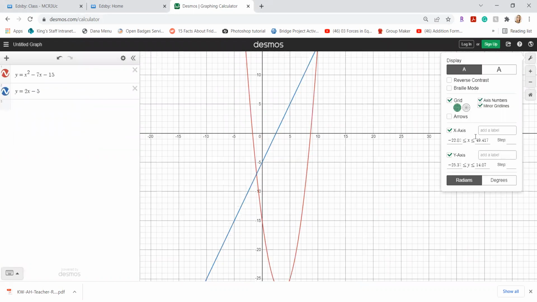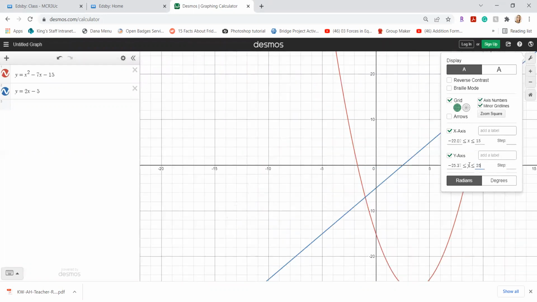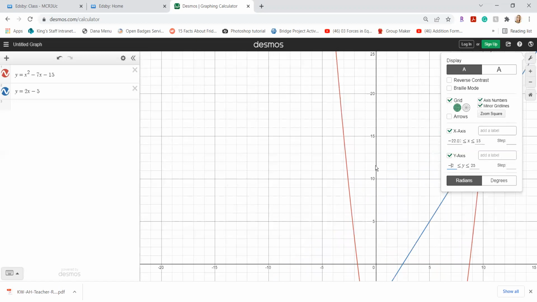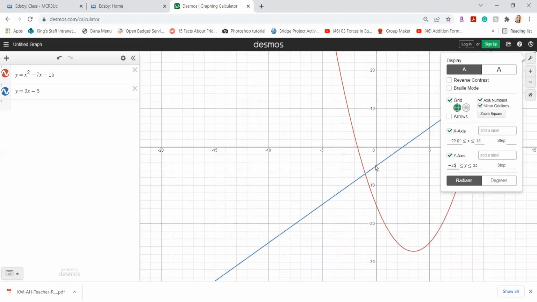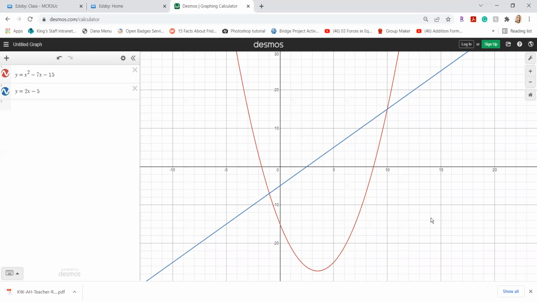And let me just change the window here slightly. Let's go -10 to 15. Okay, so here's our line and here's our quadratic that we were looking at.